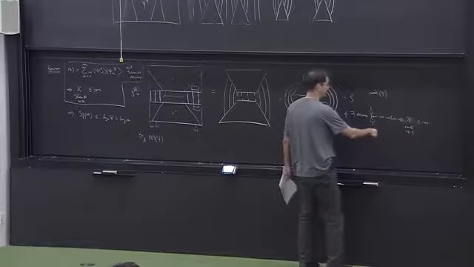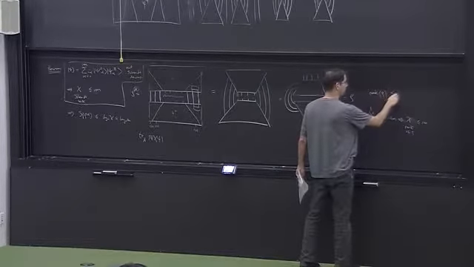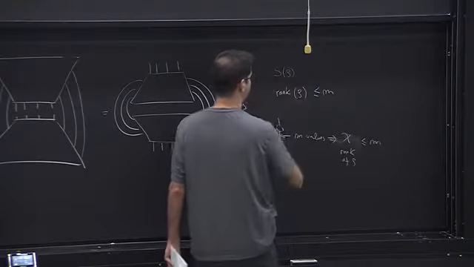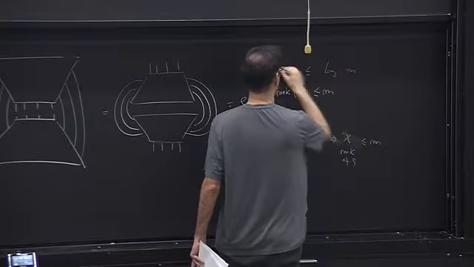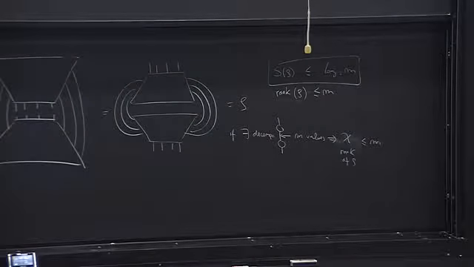And therefore, we're saying the rank is upper bounded by m, but then it also implies that the entropy of rho is upper bounded by log 2m, okay? And that's the same discussion that we just had there, okay? Very good.